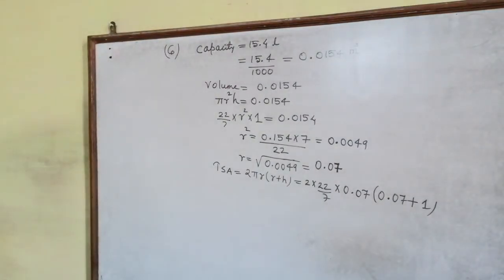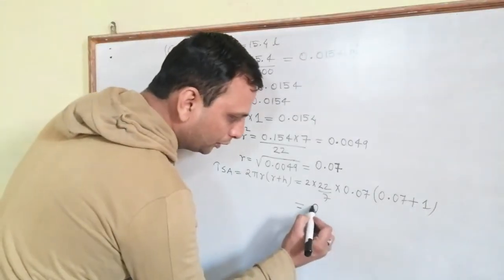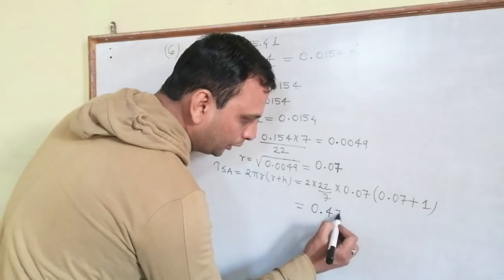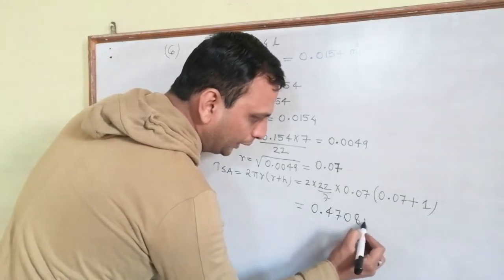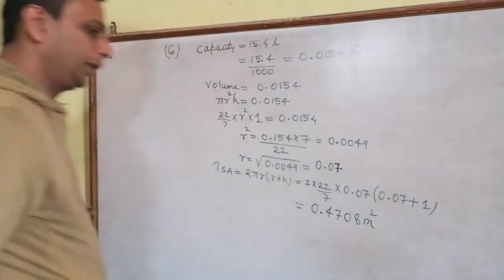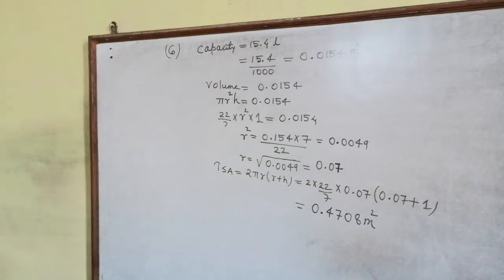So on calculation we will get the answer: 0.4708 meters square will be the answer for this question.